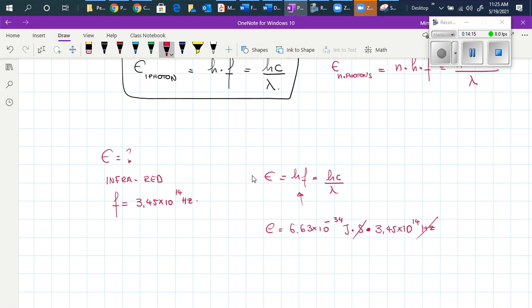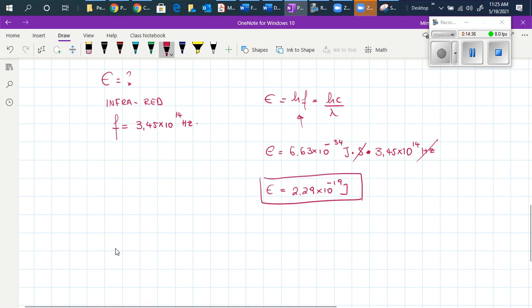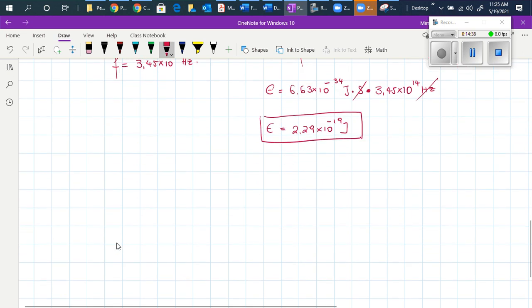So seconds cancel out and give us the energy of one photon as 2.29 times 10 to the power of negative 19 joules. It is a small energy, but when a lot of photons are taken into consideration, it will be a considerable value.